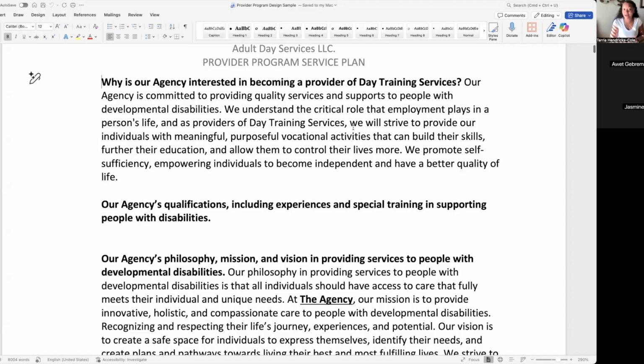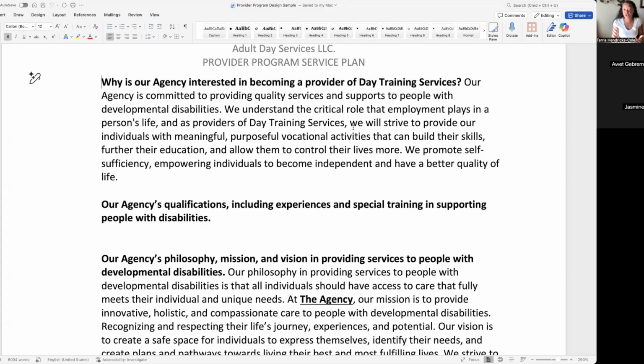So, if you are not an agency that plans on providing vocational services, this will not align with you. If you are an agency that's planning on providing the socialization aspect of it, you want to make sure your why aligns with your agency. Everyone should be planning on providing quality of services, quality of life. That is definitely something that should be across the board.